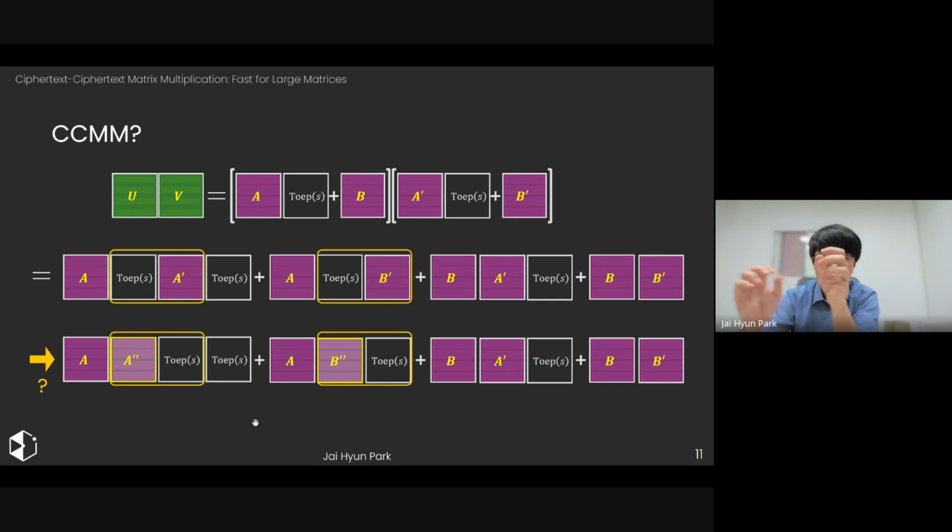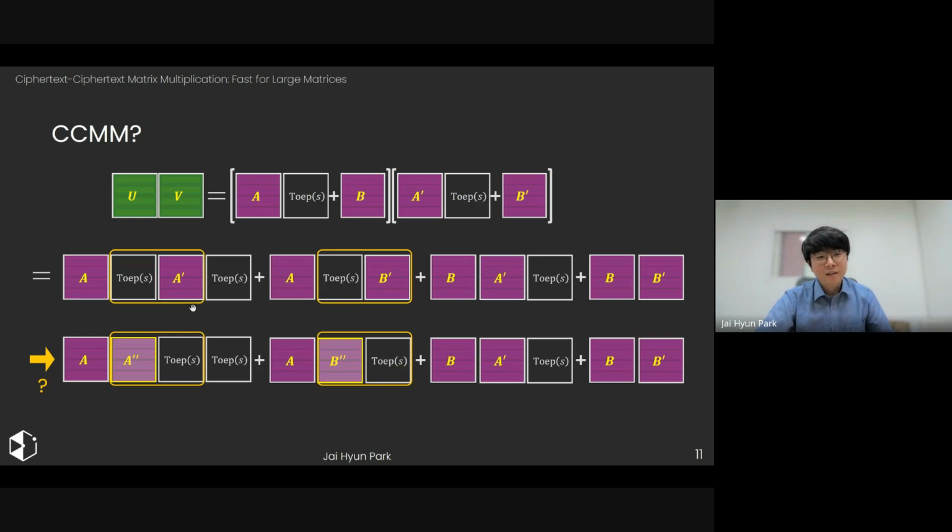So if we can swap the order of matrices, we probably can make a reduction from CCMM to PPMM, and we can use the full efficiency of BLAST libraries for CCMM as well. However, because matrix multiplication is not commutative, this kind of swapping is not very easy.